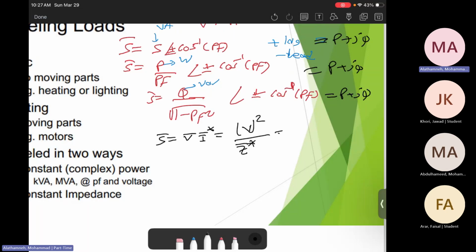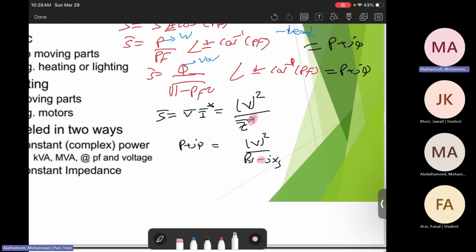Now we need to substitute. Substitute S as P plus jQ, and substitute Z as Rs plus jXs, but since it's a conjugate, it will be Rs minus jXs. The negative is because of the conjugate that we have here.